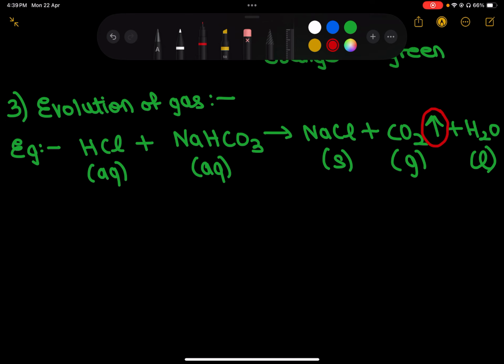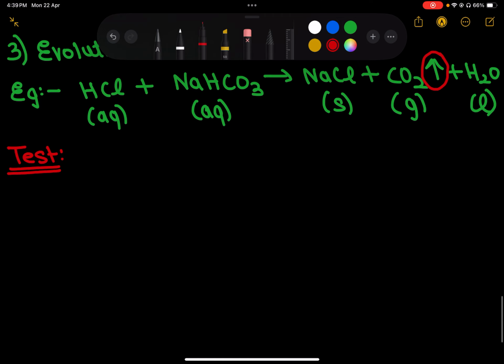Now, carbon dioxide is a colorless and odorless gas. You cannot see it or smell it. Then how will you know that it has been liberated? There are some tests, for carbon dioxide and hydrogen, which I'm going to write down here, to detect that the gas has evolved and to prove that a chemical reaction has taken place.